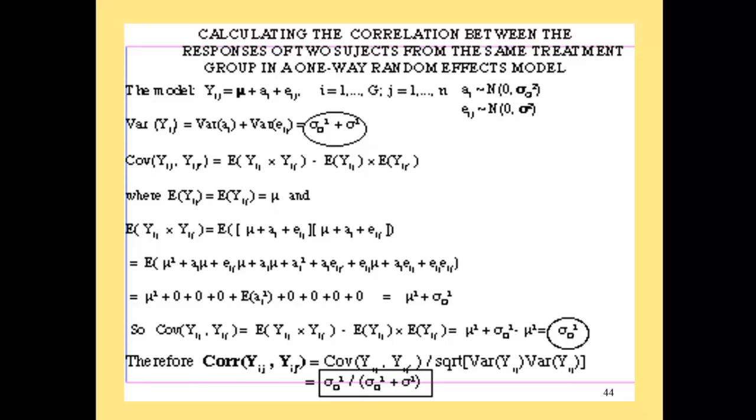Line 2 starts off with the variance of Yij. It's kind of hard to see up there, but that's what it is.